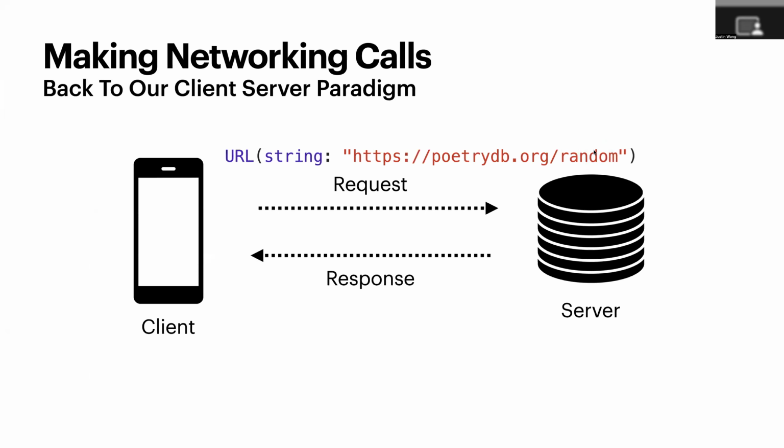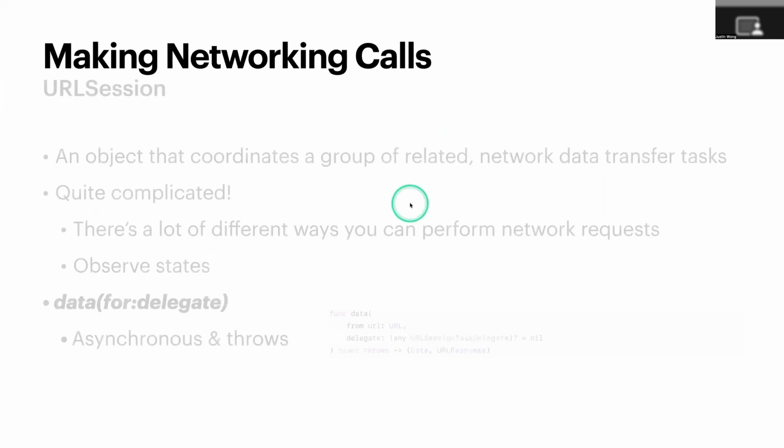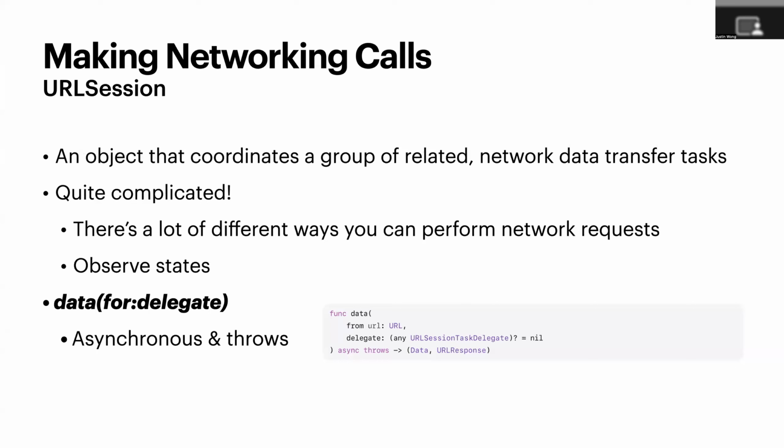And so, going back to your client-server paradigm, we have a client, and we created our URL object. Now we need to actually make the request to the server. How do we do that? We use URLSession. URLSession is the object that coordinates a group of related networking data transfer tasks. The API of URLSession is a bit complicated.